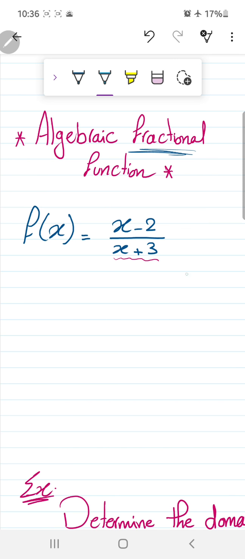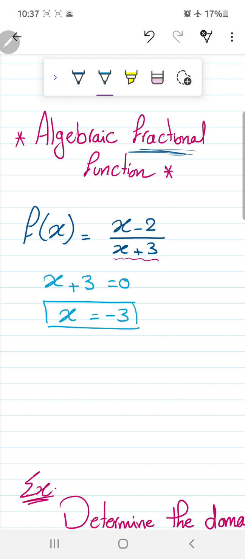By putting x plus 3 equals 0. Move 3 to the other side, x equals negative 3. So the value which makes the denominator equal 0 is negative 3.